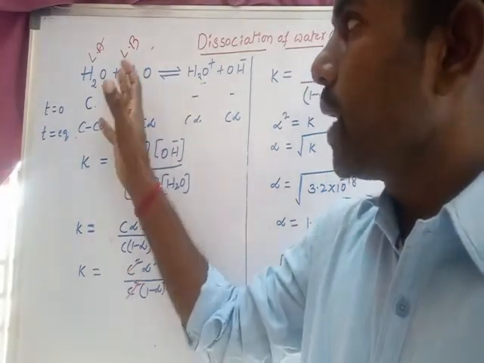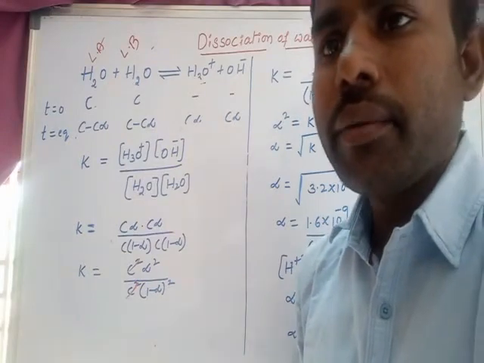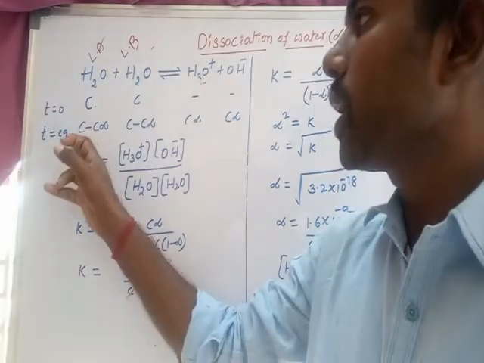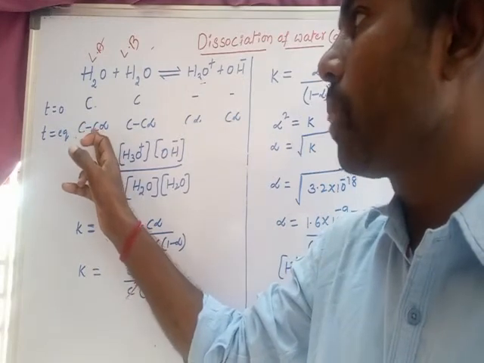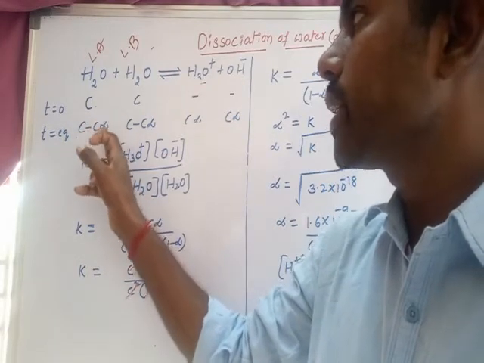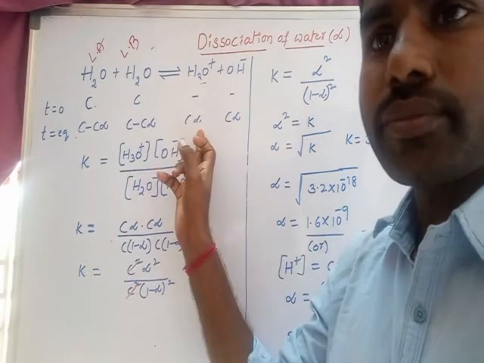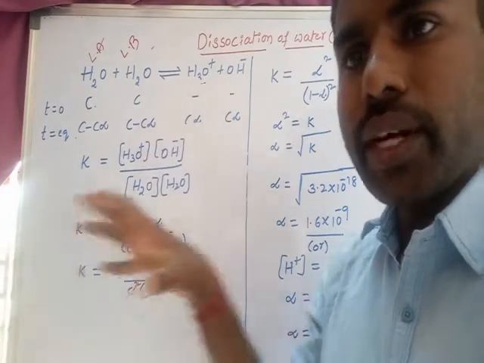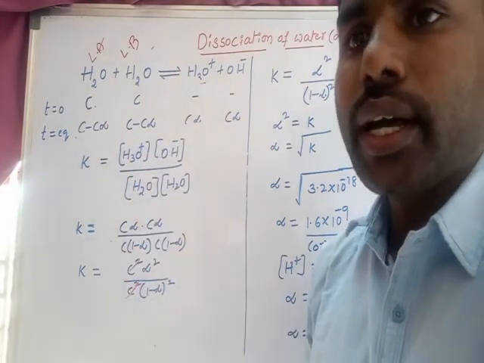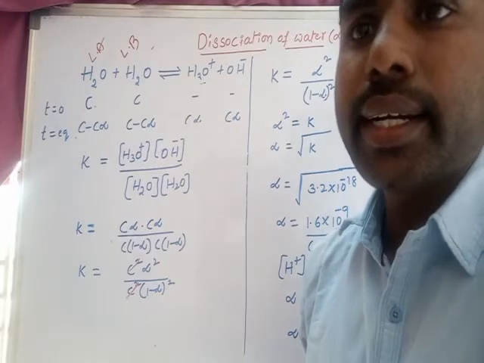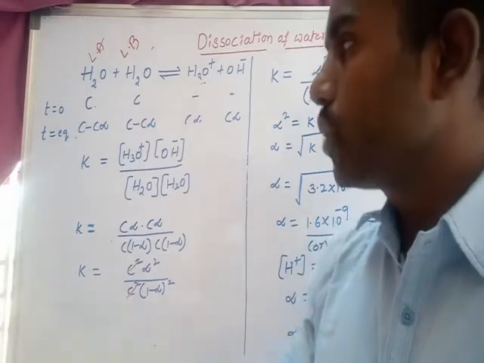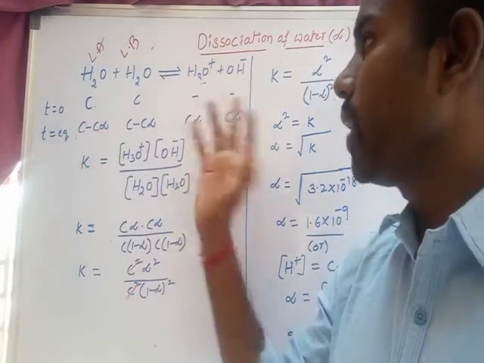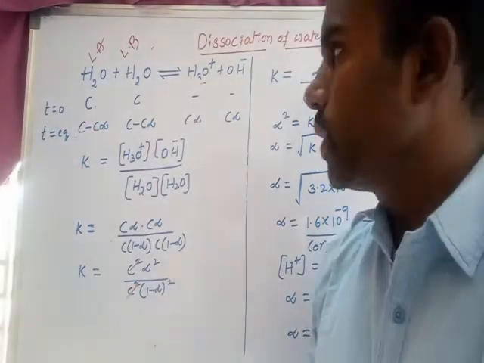Then at a certain time the reaction reaches equilibrium. At equilibrium, the concentration of water is C minus C alpha, which means some amount of the reactant has converted into product. While time increases, the reactant converts into products.